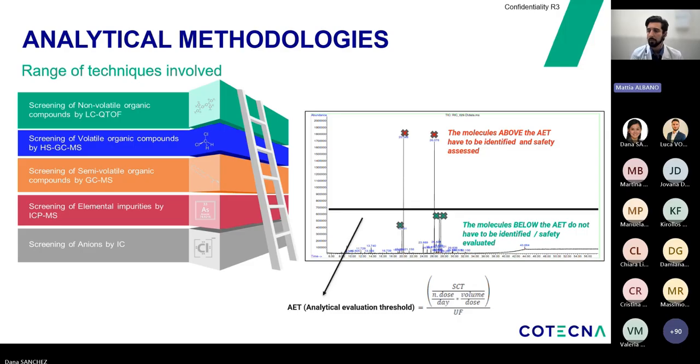So, as you can see in the image, for the molecules below this limit, it is not necessary to do an identification or a safety evaluation. But for the molecules above this limit, identification or a safety assessment is mandatory. In conclusion, applying always the lowest possible limit is not necessarily the best choice, but it's important to use the real parameters in the calculation of the AET in order to give a correct evaluation of the data.